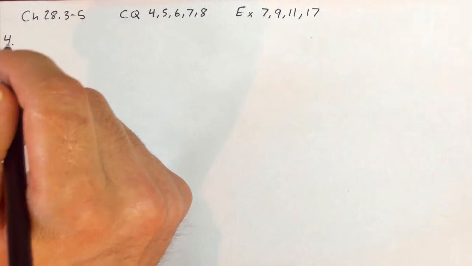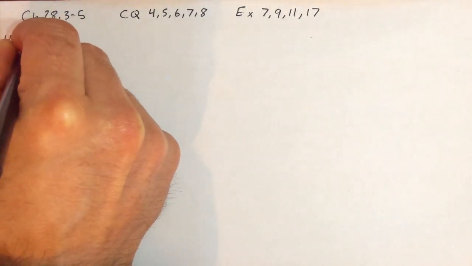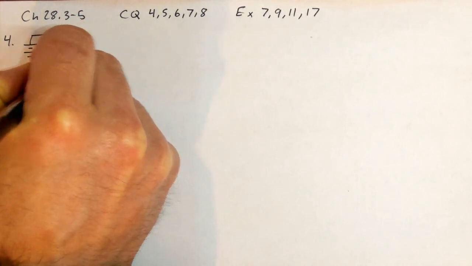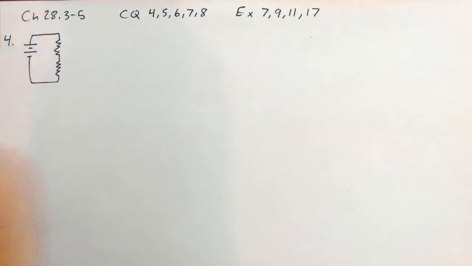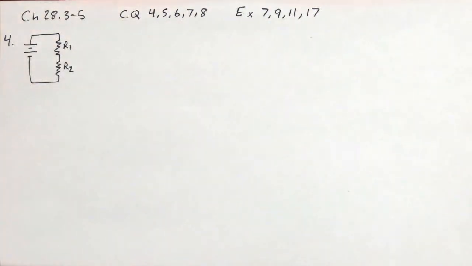So in this case, concept question number 4, we've got a battery that is supplying current to two resistors that are hooked end to end. So we know those are called in series. But what we're asking about is what is the power dissipated by each resistor if we know R1 is greater than R2.